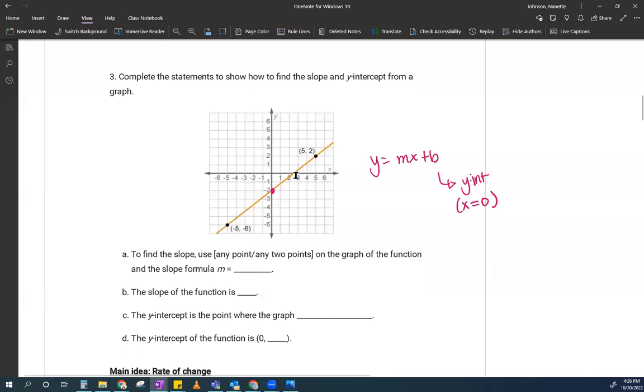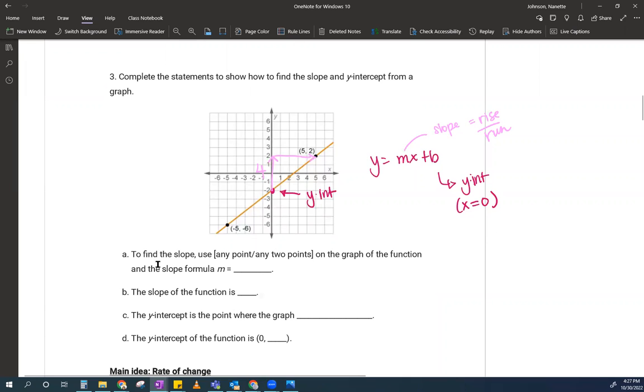And then I'm going to count how many floors I need to go up on the elevator versus how many blocks I need to run over. So up is 1, 2, 3, 4, and over is 1, 2, 3, 4, 5. So my slope here in this case, m equals 5 over 4, rise over run.